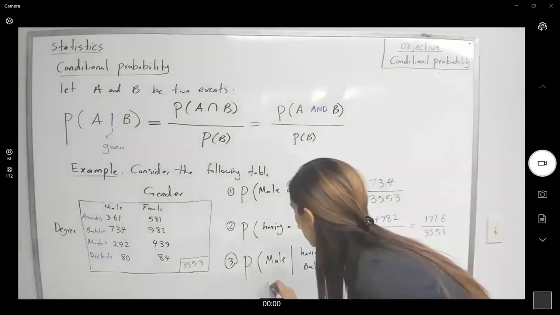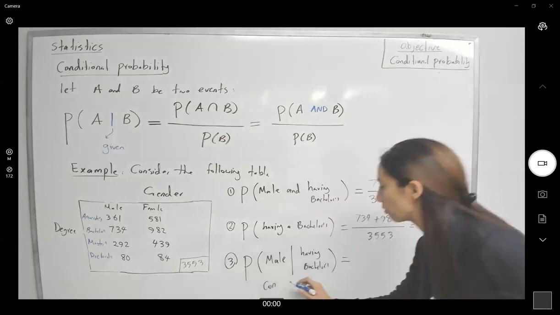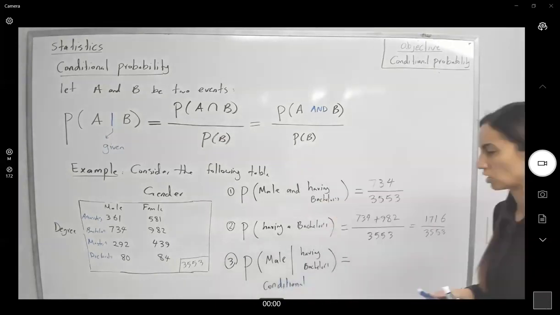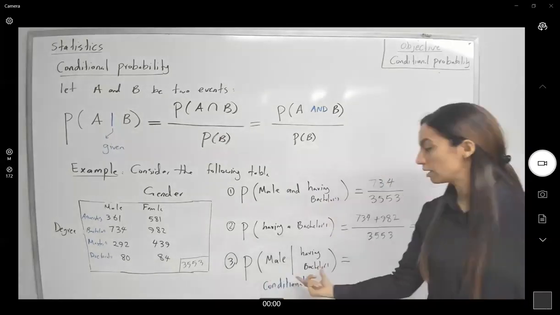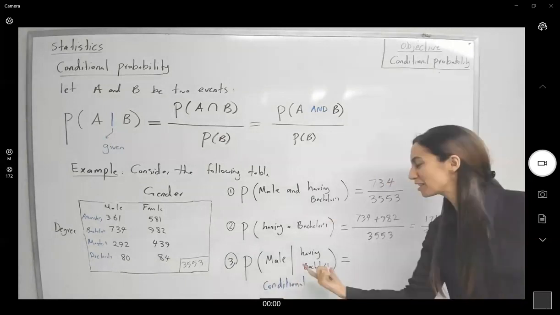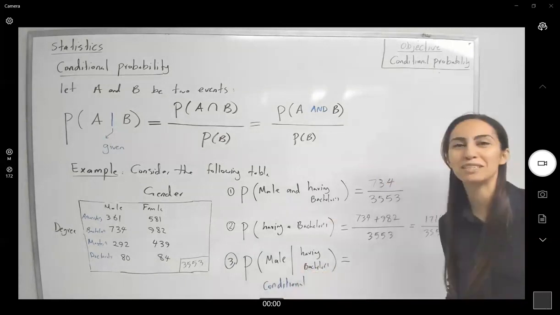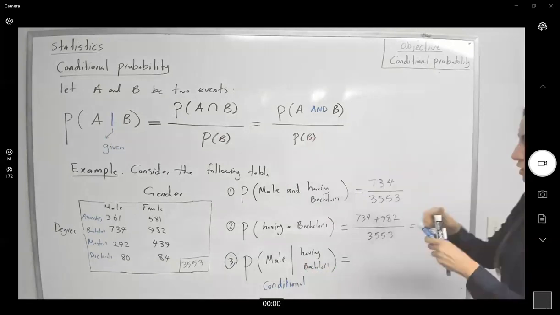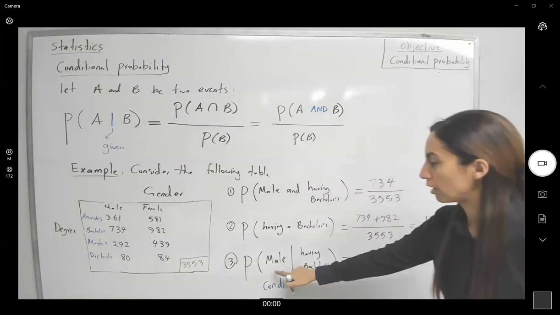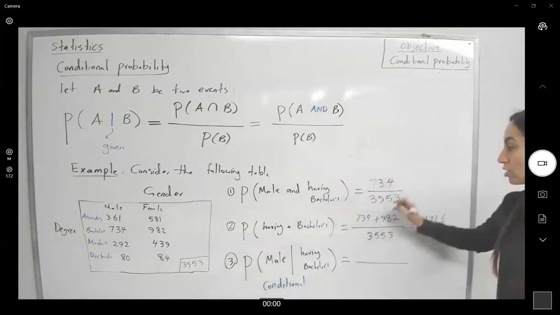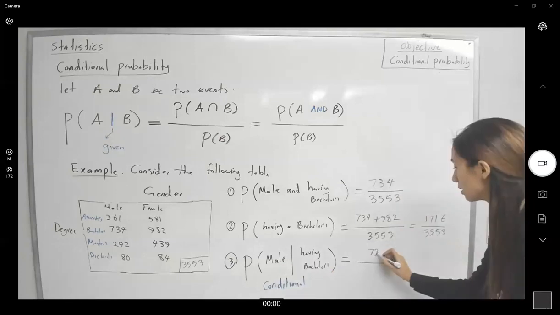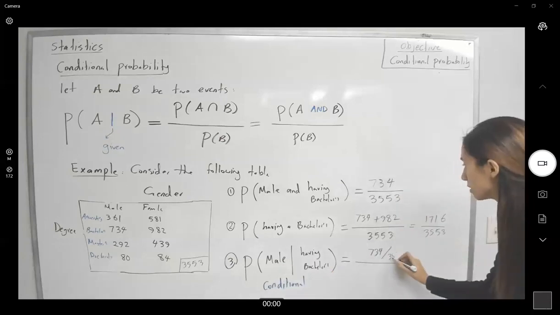Now the last question is a conditional probability. We're restricting the category. So it says the probability of being male with the condition that, given that, restricted to only people with a bachelor's. Let us follow the definition. On the numerator, you're going to write down the probability of being male and having a bachelor's, which is 734 divided by 3553.